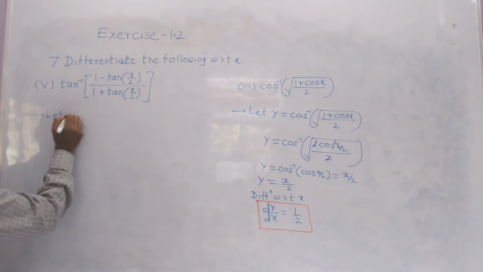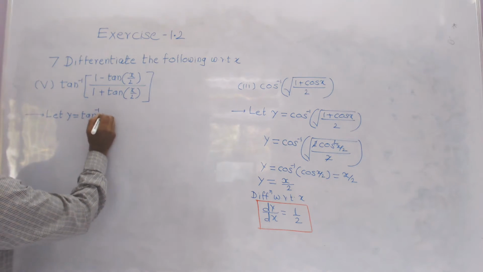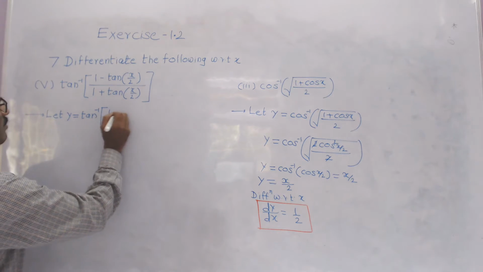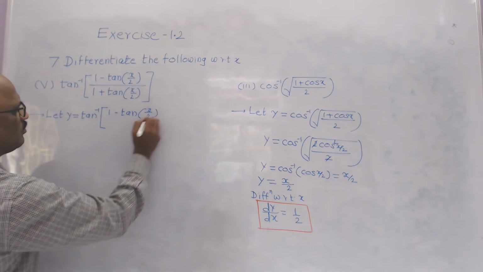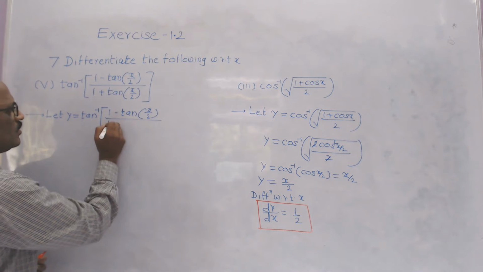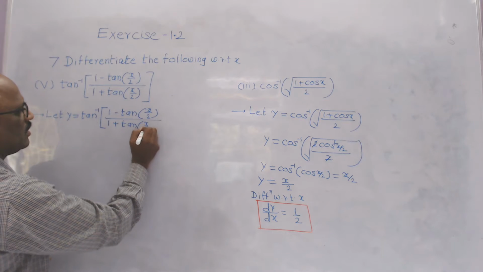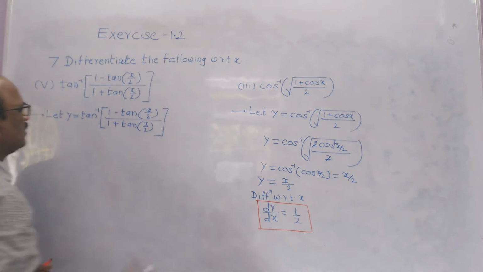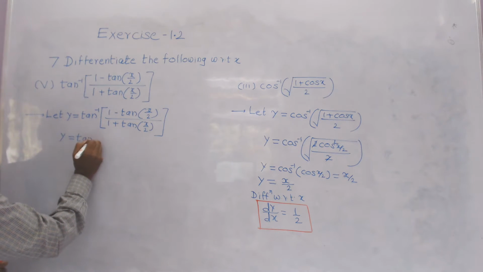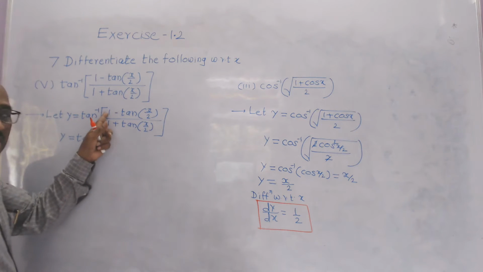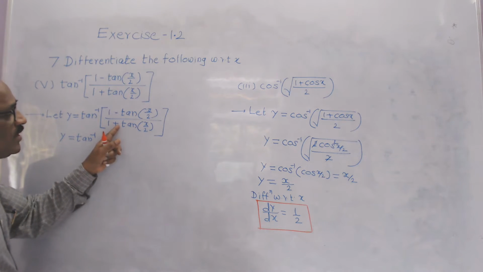Let y is equal to tan inverse of 1 minus tan of x upon 2 upon 1 plus tan of x upon 2. Okay. Now here, this 1 means what? Tan of pi by 4, because tan pi by 4 is 1. And I will write here 1 into tan of x by 2.